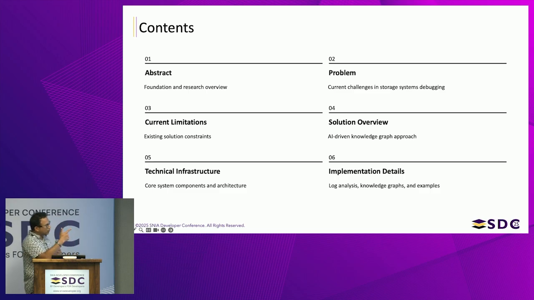I'm going to talk about the abstract, describe the problem statement, and some of the limitations in our current systems. Then I'm going to hand it over to Nutan. He's going to explain what the solution is, the different building blocks, and the overall architecture, and then we'll take you through an example that we have run, how we have created the graph, and how we walk through that and come up with the results.